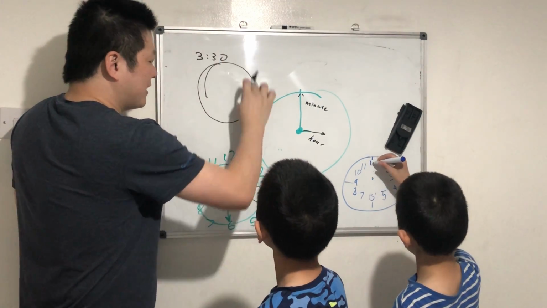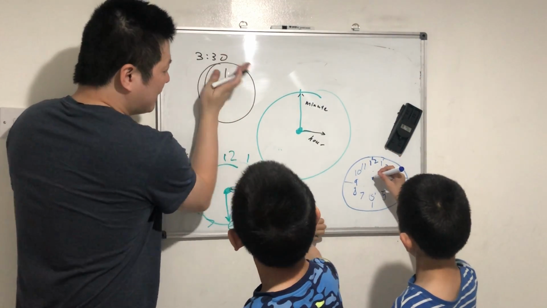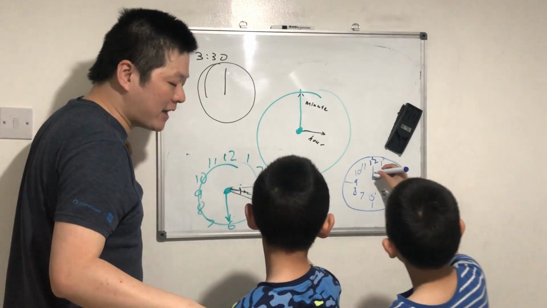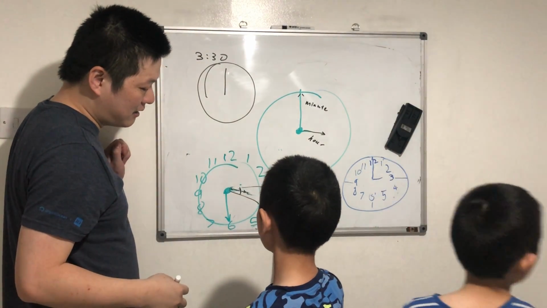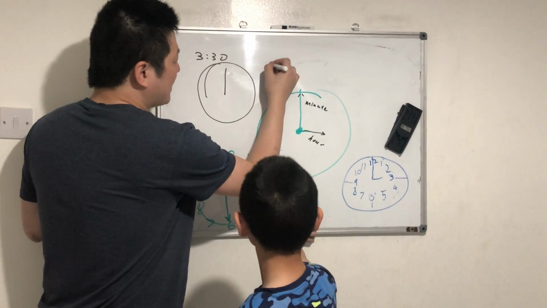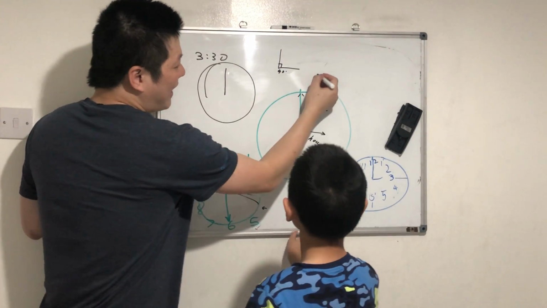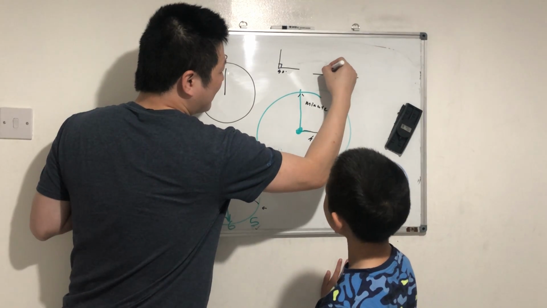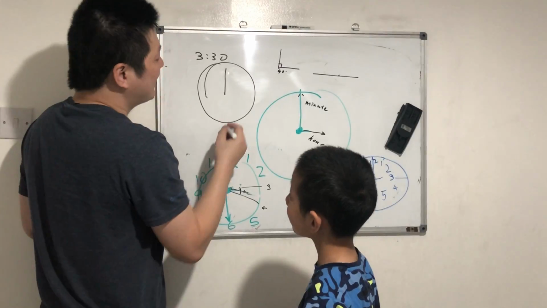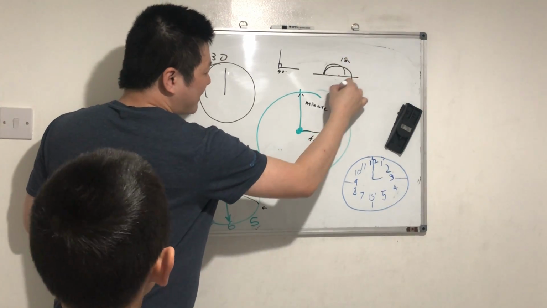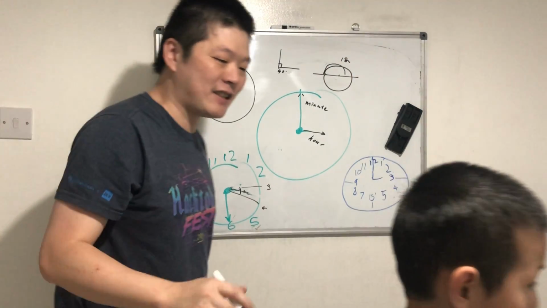How many angles in a circle? Look, this is 90 degrees, and this is 180. If you go around the circle, that's 360, right?